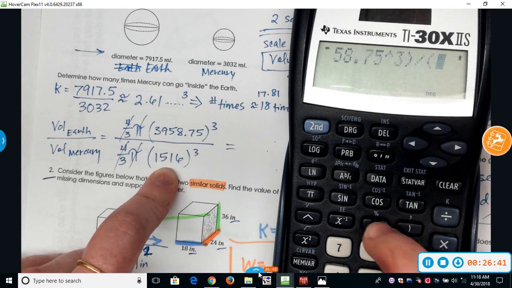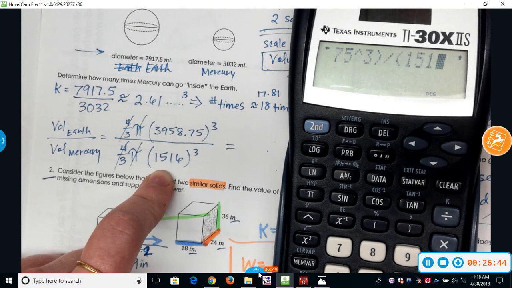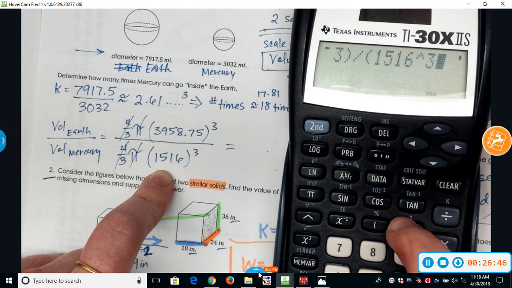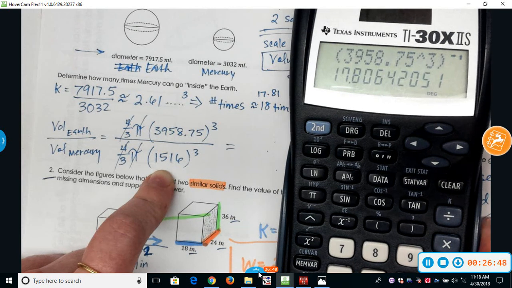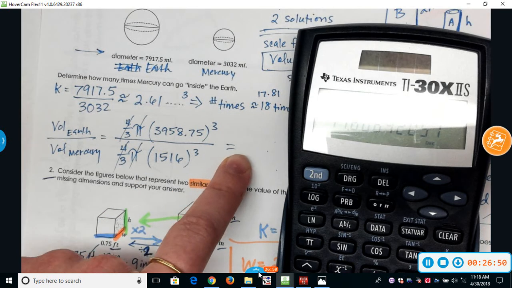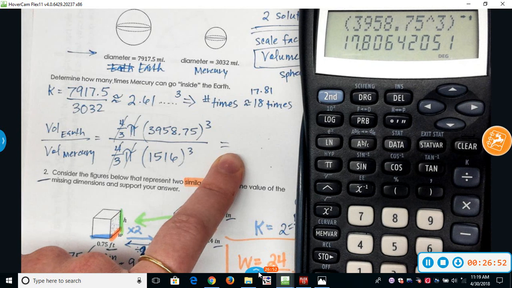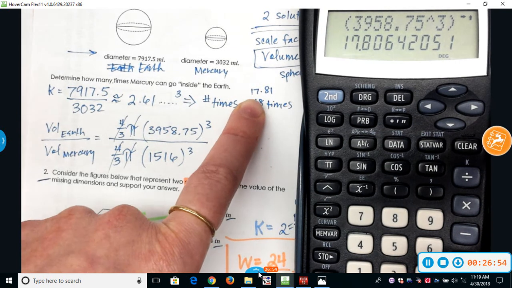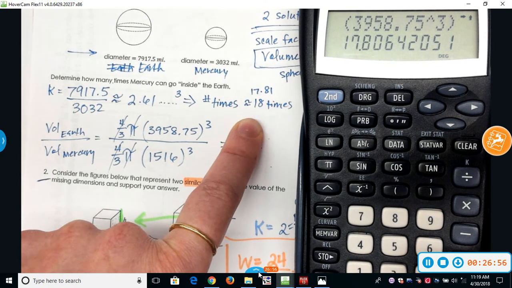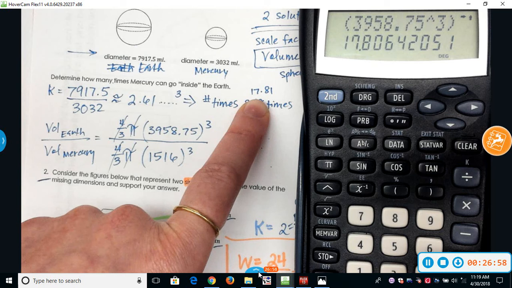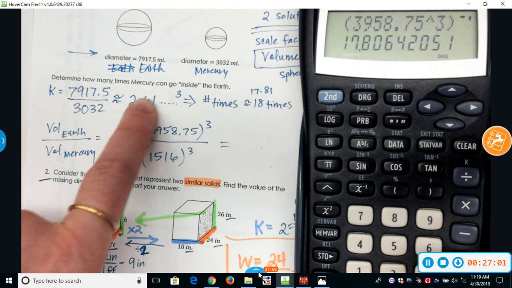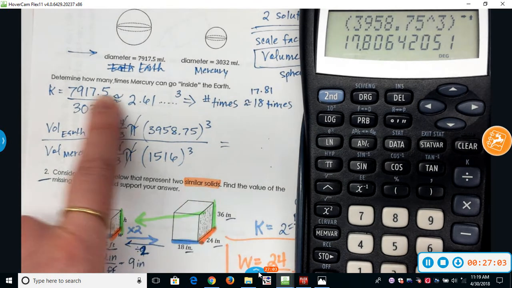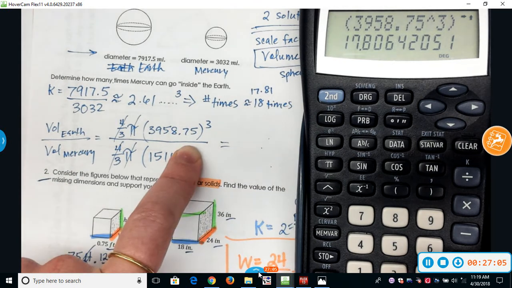And I'm going to divide the other one, 1516, to the third. Look what I got. Exactly the same as when I calculated it up here. If you forgot, you can plug those in. So this was how they wanted you to solve it, but this also works.